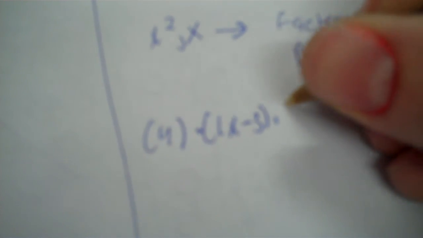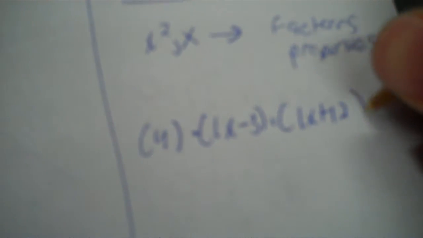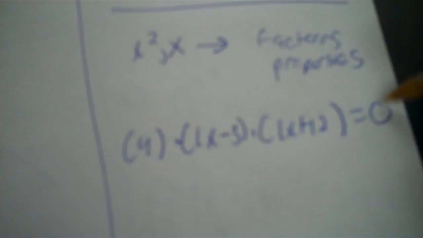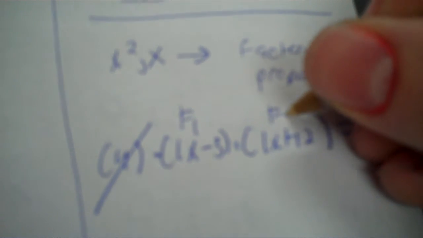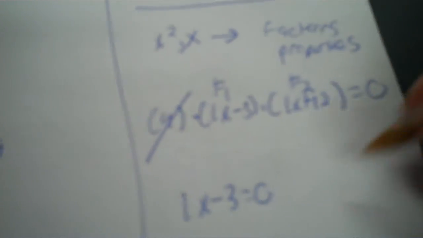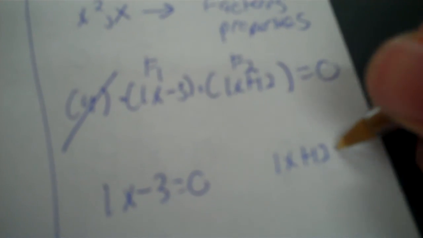Okay, so you bring over your 1x minus 3 and your 1x plus 12 equals 0. This is worthless. It has no x, okay? So F1, F2. So 1x minus 3 could equal 0. 1x plus 12 could equal 0.